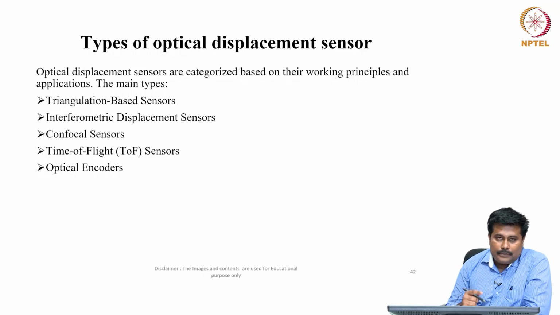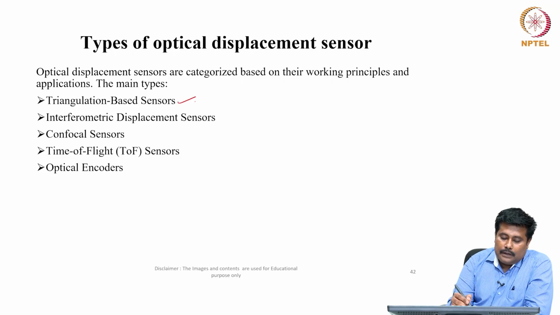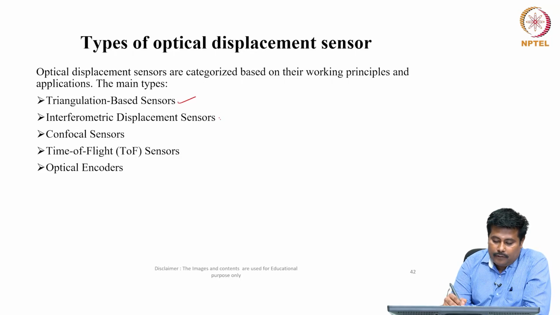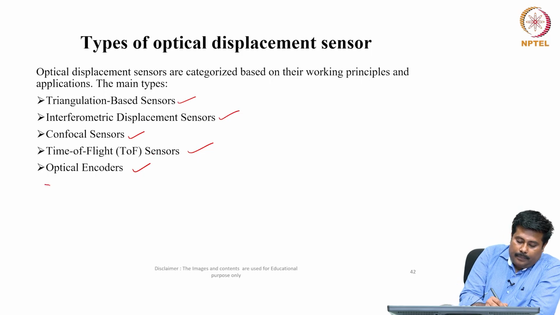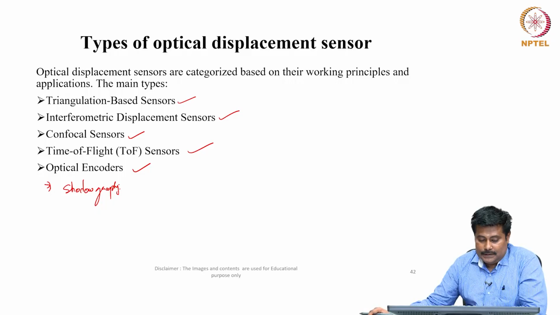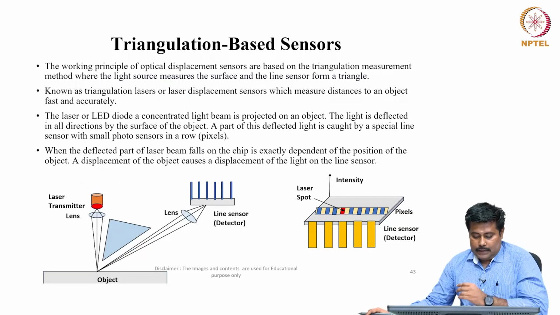The main types include the triangulation based sensor, the interferometric displacement sensor, a confocal sensor, a time of flight sensor and optical encoders. There is also a particle sensor which works on the principle of shadowgraphy, which we will be discussing. Now, let us talk about the triangulation based sensor.